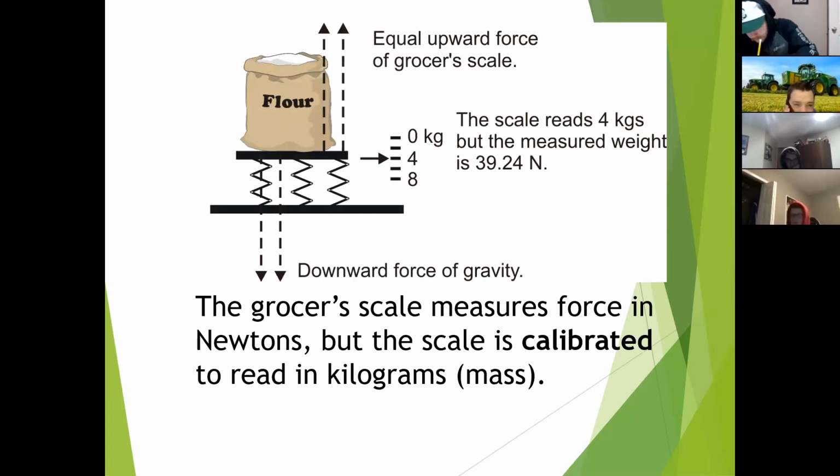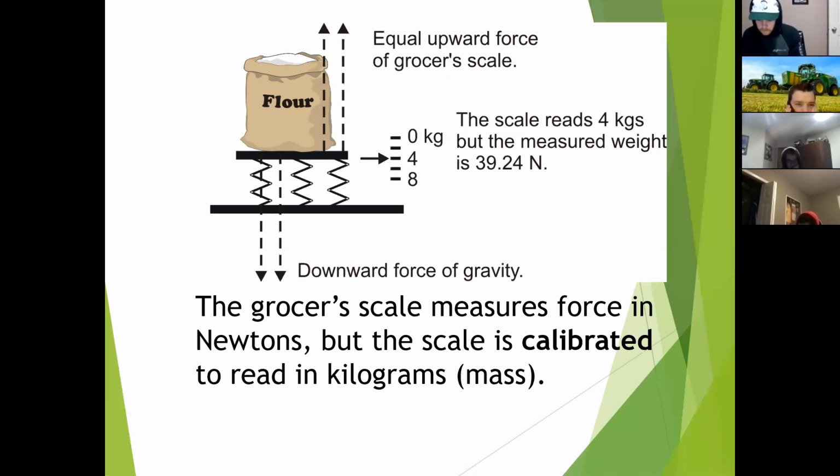So the Grocer's scale measures force in newtons, but the scale is calibrated to read in kilograms. So this is what you can see with those Grocer's scale. You have this force that is exerted down due to gravity. And we're not going to get into whether gravity is a push down or a push up. That's outside the parameters of this theoretical course.